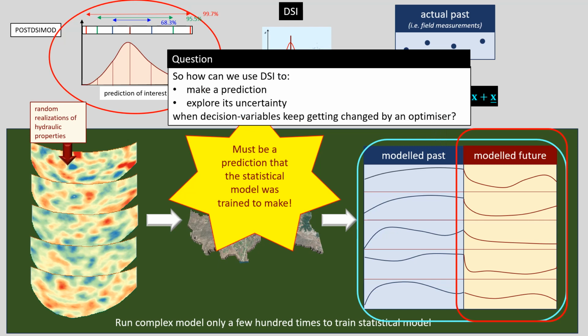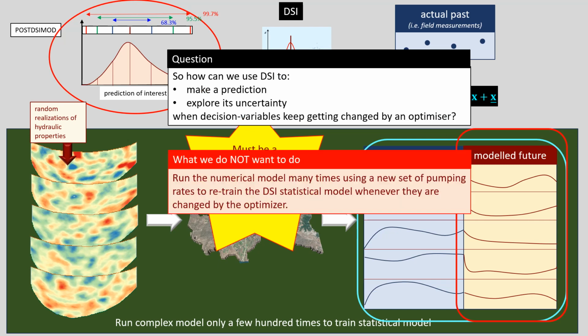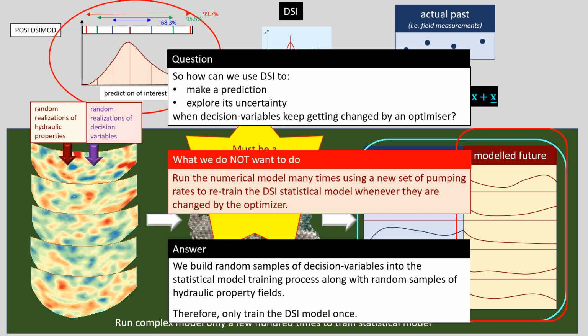What I do not want to have to do is retrain the statistical model by running the complex model 500 times every time I want to try a new set of decision variables. Otherwise, it would defeat the purpose of using DSI. Fortunately, there's a way out of this, and that's what we'll discuss next.